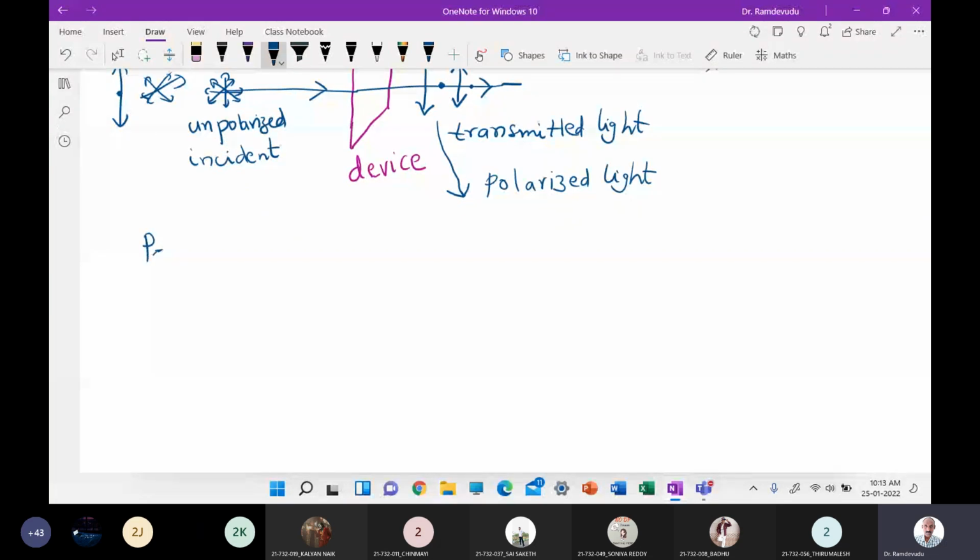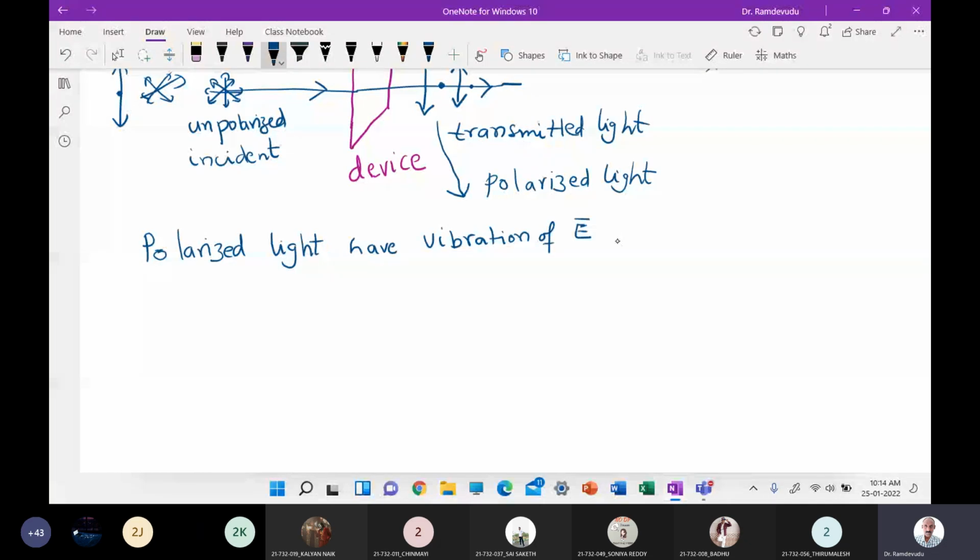Polarized light has vibrations of E vector confined. We have to confine it by using some device.